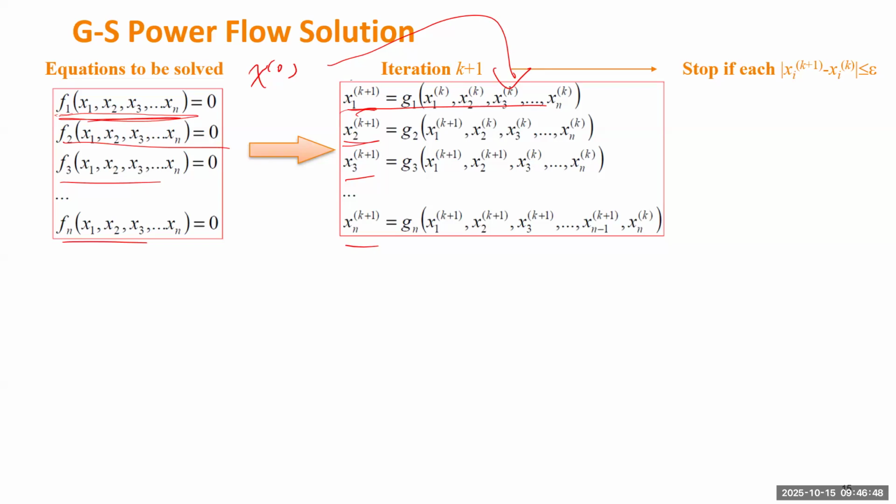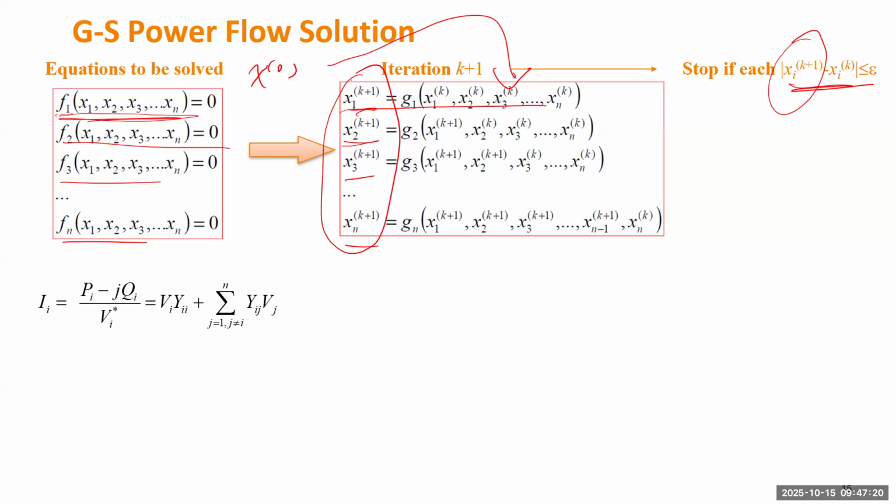We keep doing this. For instance, after k+1 iterations, we have the value of x, and then we check the update compared to the value from the previous iteration. If that update is small enough, we stop here, and take the value at iteration k+1 as our final solution. So that's the idea of the Gauss-Seidel method. Let's see what equations we have.